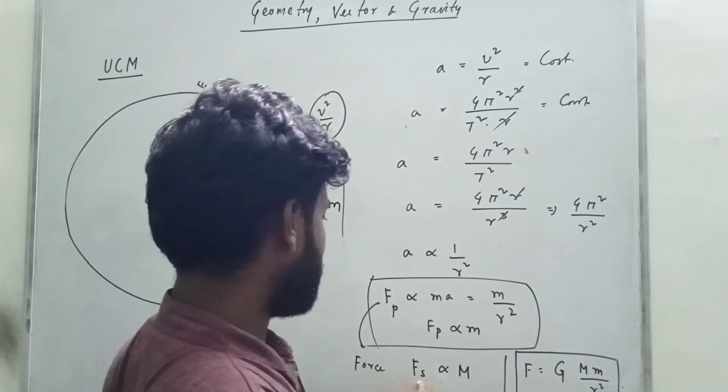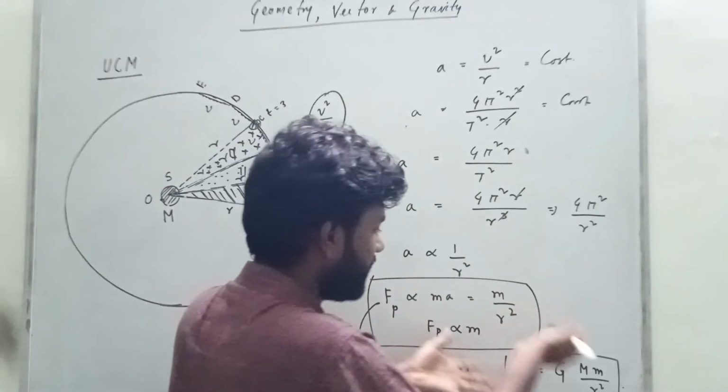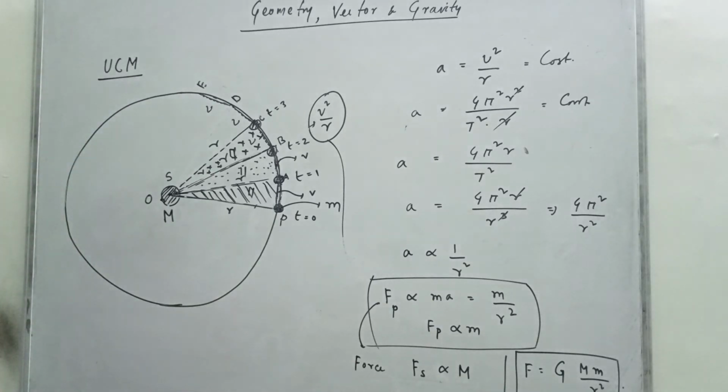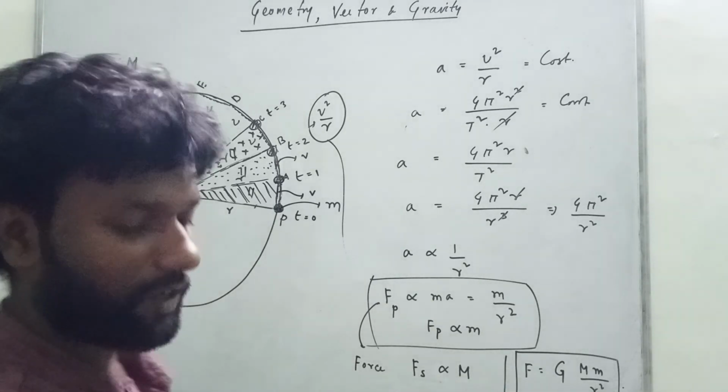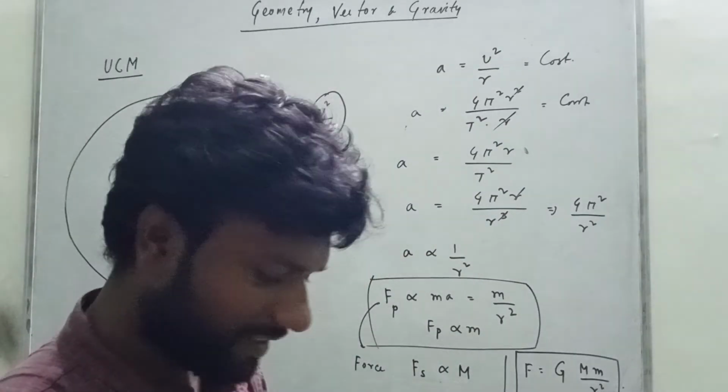So Fs, the force on the sun, is proportional to the mass of the sun. Combine these results: F equals G M m by r square. G is a constant, because it is the proportionality constant.